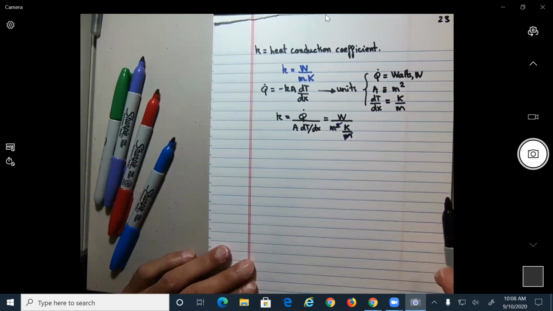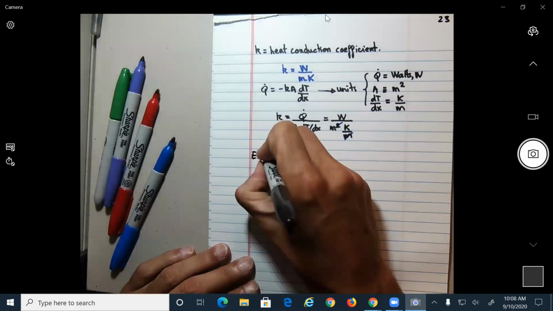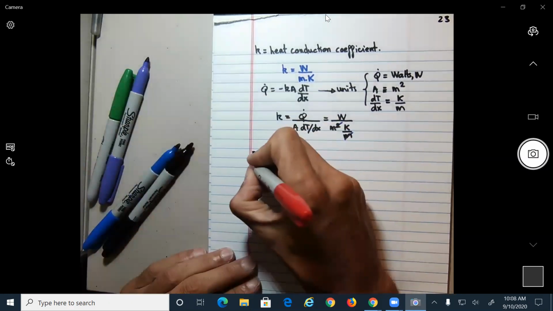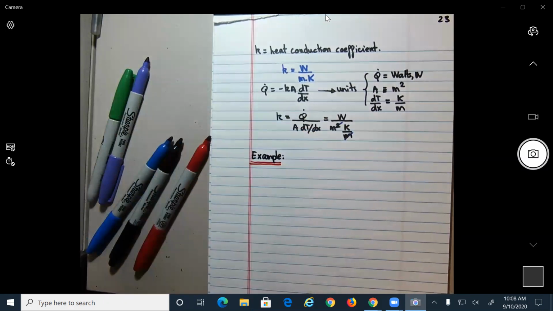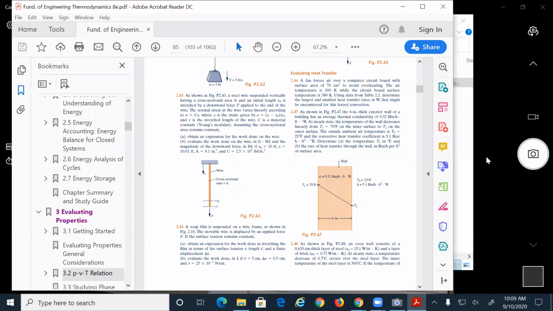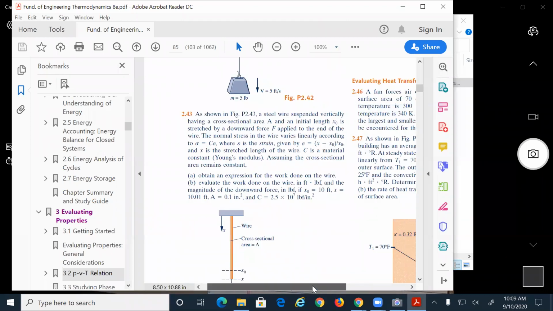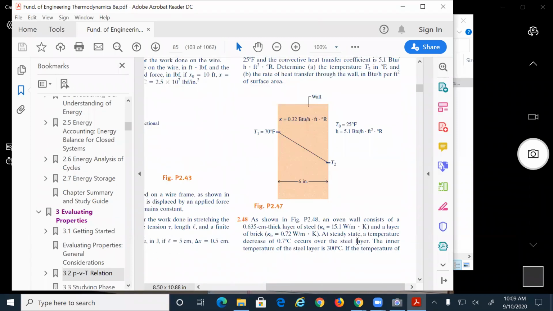All right. So let us do an example right away. Let me try to find that example from the textbook. All right, so we're gonna do problem 2.48. We could do 2.47, but I think 2.48 looks better.